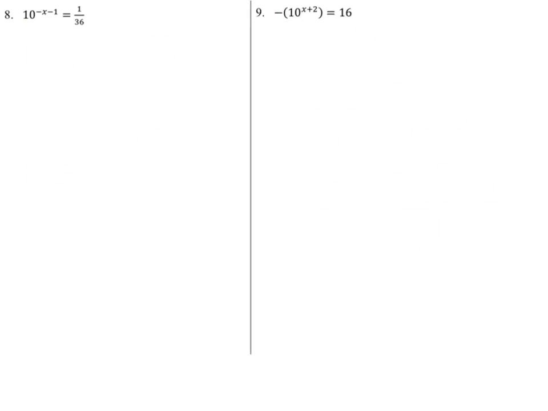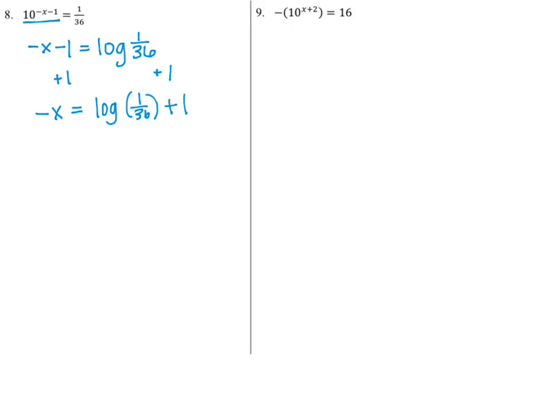Number 8, I already have the exponential piece isolated. So I can write this in log form. Negative x minus 1 is equal to log of 1 over 36. I need to get x by itself, so I'm going to add 1 to both sides. And I have negative x is equal to log of 1 over 36 plus 1.